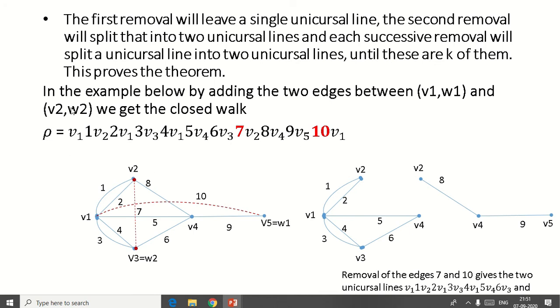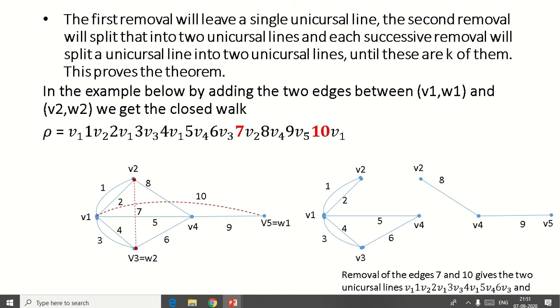These are the two universal lines. That means the first removal will leave a single universal line. The second removal will split that into two universal lines, and each successive removal will split a universal line into two universal lines until there are k of them.